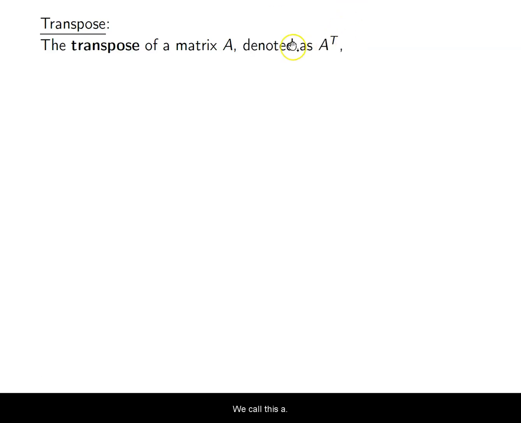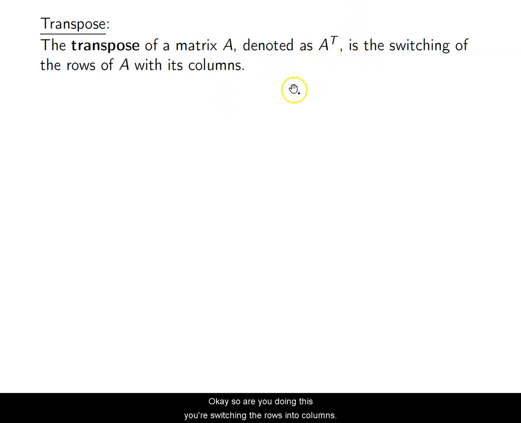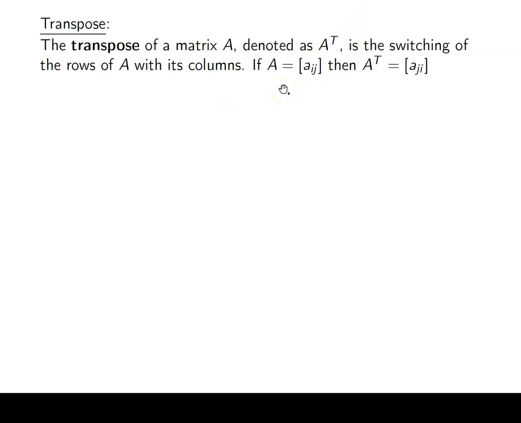Okay, and we call this A^T, A to the power of T, although this is not to the power of T. T is not a number. This is just a notation. When you say A to the T, that's the transpose of A. So all you're doing is you're switching the rows and the columns. If A is denoted as IJ, then the transpose is JI. The rows become the columns, and the columns become the rows.